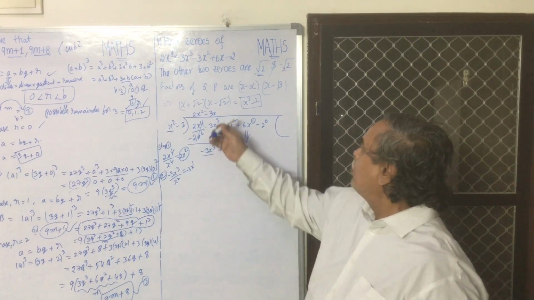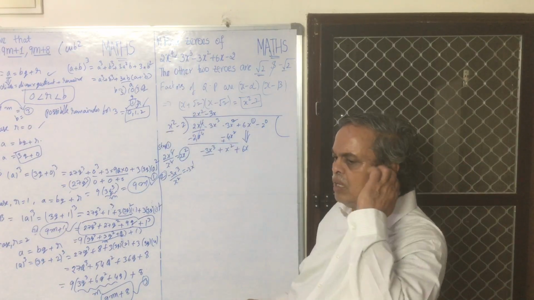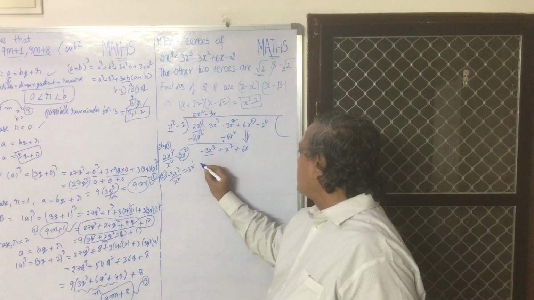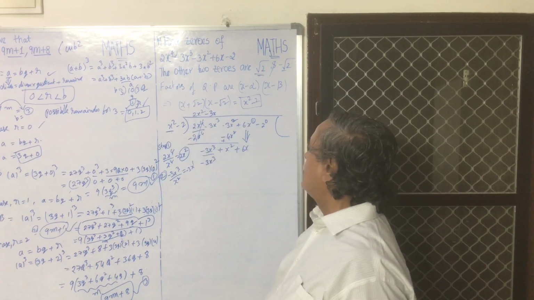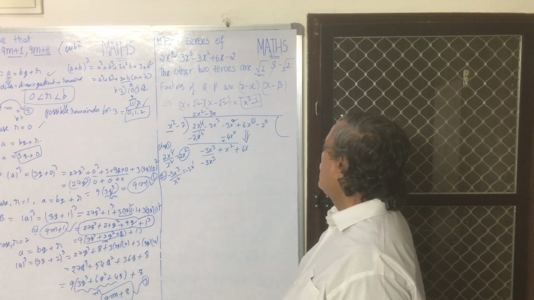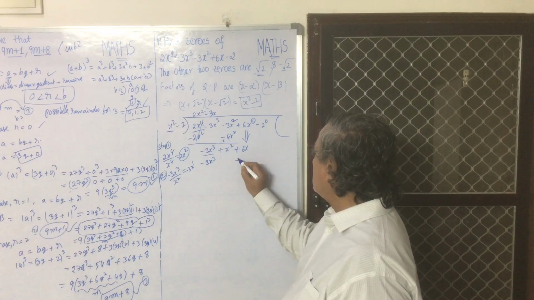Multiply this minus 3x: minus 3x into x square is minus 3x cube, and minus 3x into minus 2 is plus 6x.